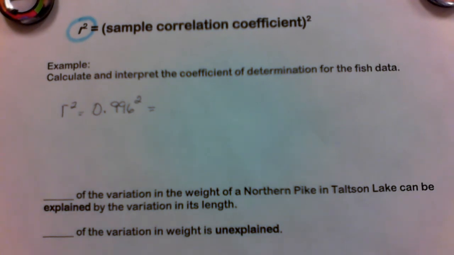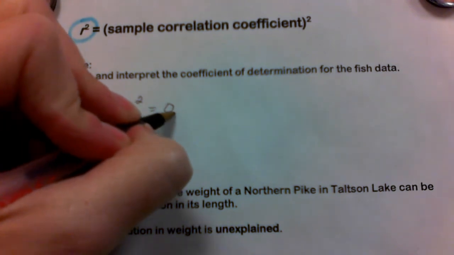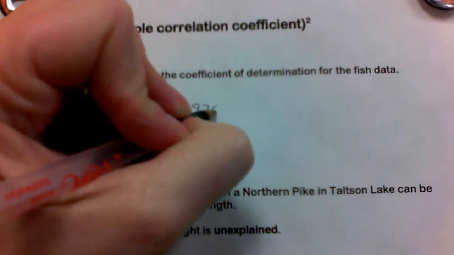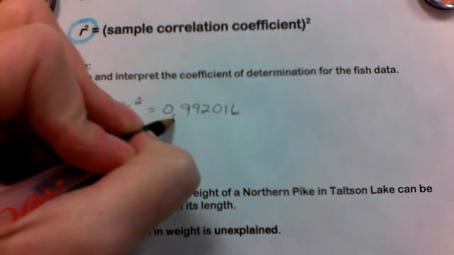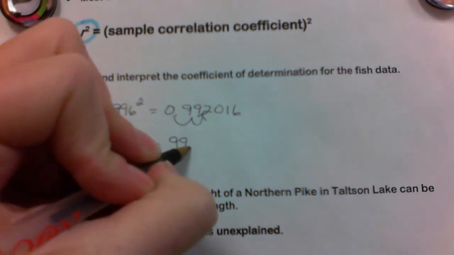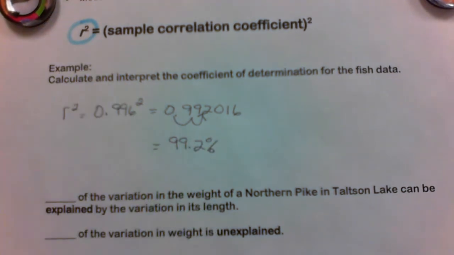So 0.996 squared gives you 0.992016, and we're going to convert that to a percentage, which would give us 99.2%.